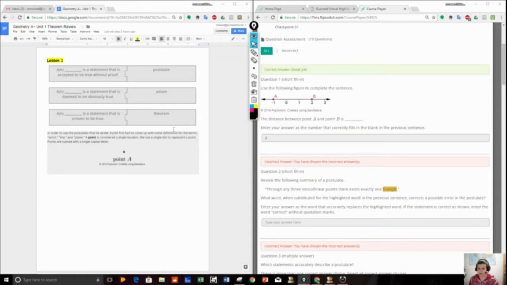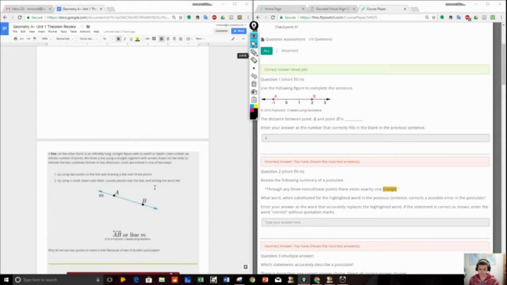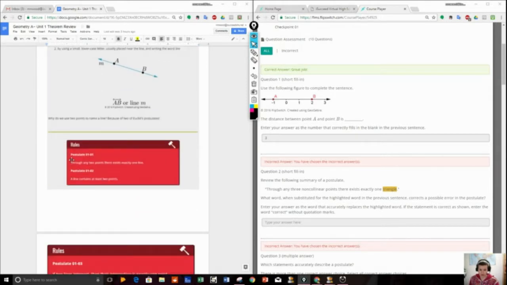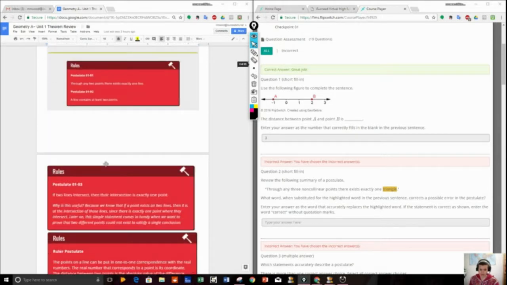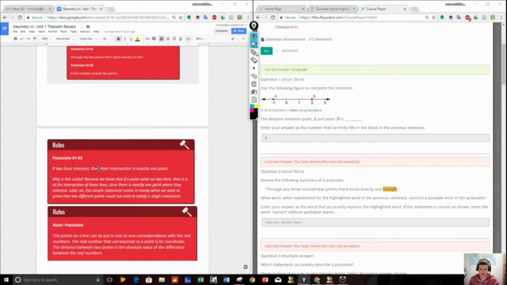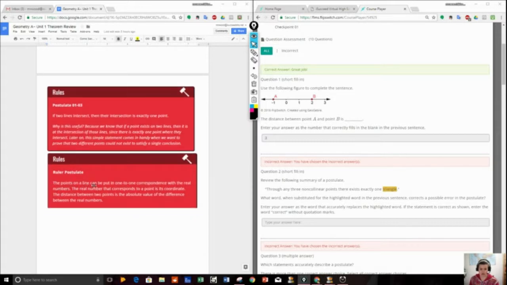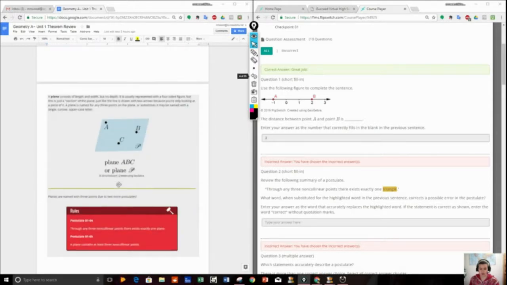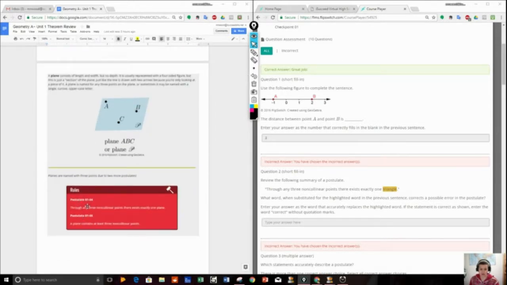If the statement is correct as shown, enter the word correct without quotation marks. Okay, so the first thing I'm going to do is reference my Unit 1 theorem review, and look for through any three non-collinear points. Through any 2 points, nope. If two lines intersect, no. The points on a line can be put in a one-to-one correspondence, no. Okay, so this one says through any three non-collinear points, there exists exactly one plane.